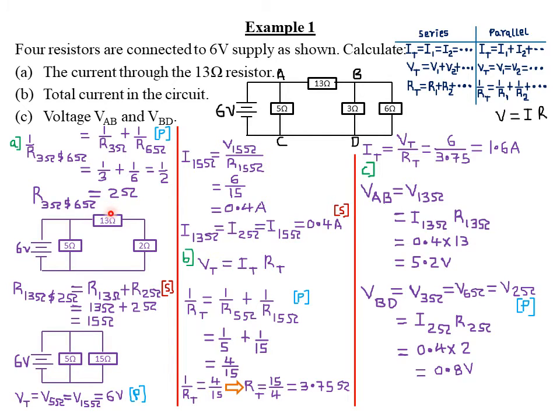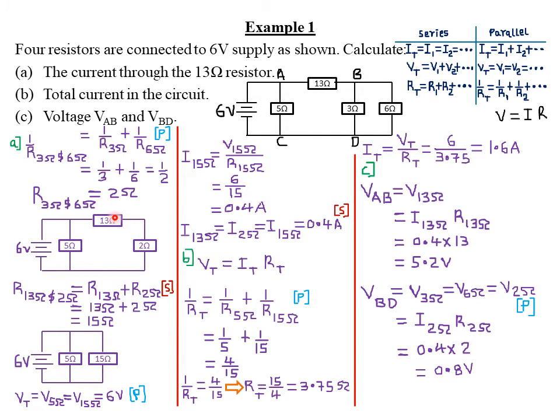Therefore, remember, the 13 ohm resistor and the 2 ohm resistor are actually in series connection, and we say that for series connection, I total is equal to I1 is equal to I2. So that simply means the current that is entering this junction, which is the current through the 15 ohm resistor, is equal to the current through the 13 ohm resistor, and is also equal to the current through the 2 ohm resistor, simply because they are in series connection.